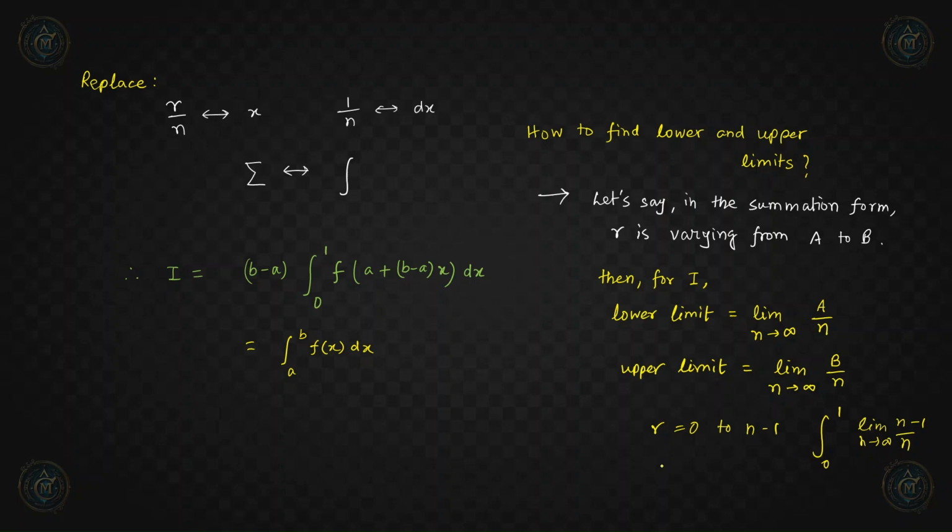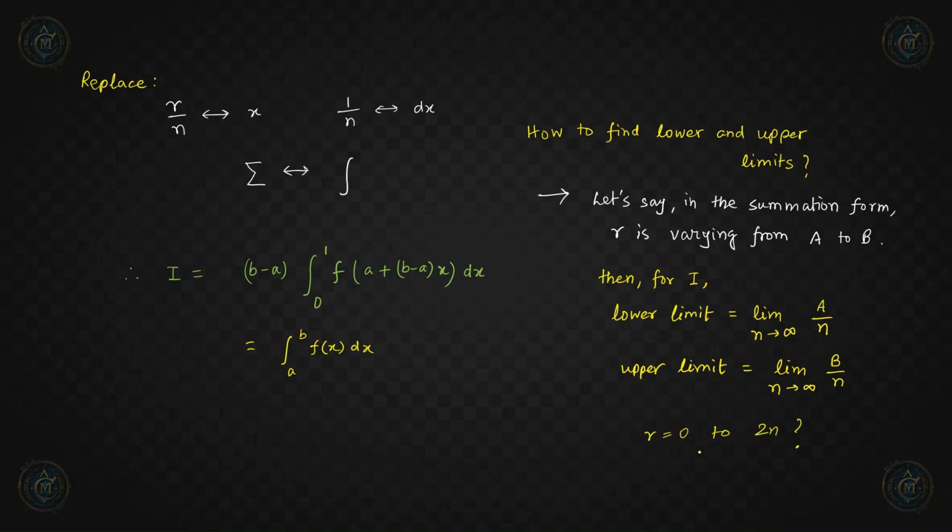Similarly we can check r equal to 1 to n. The lower limit becomes the limit as n tends to infinity of 1 divided by n, which also becomes 0. And the limit as n tends to infinity of n divided by n becomes simply 1. So we have the same limits for both of these cases. But what will be the case when r is varying from 0 to 2n?